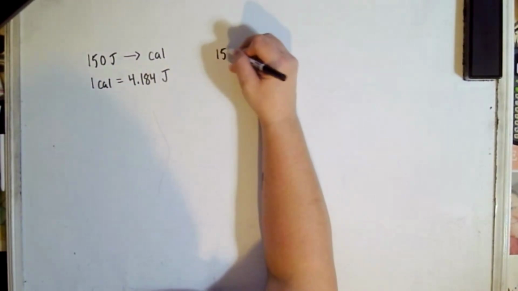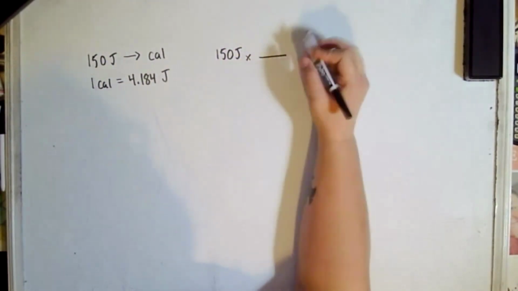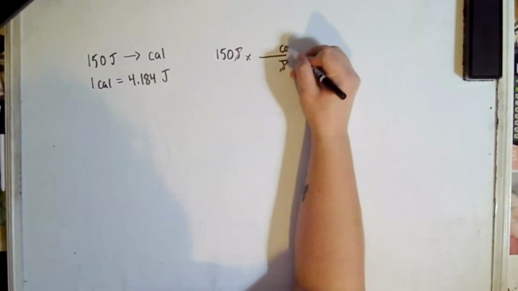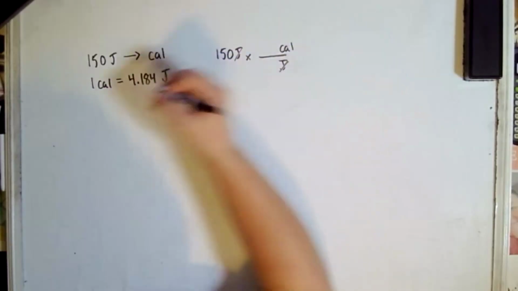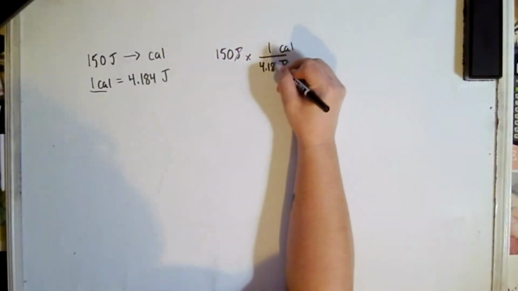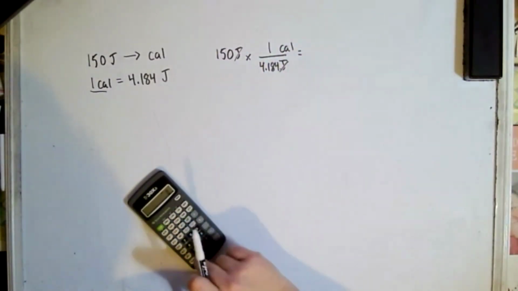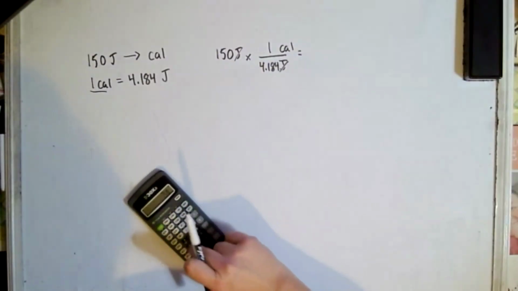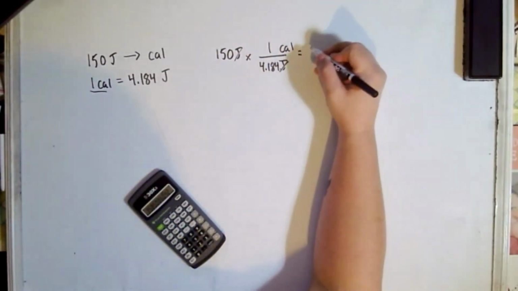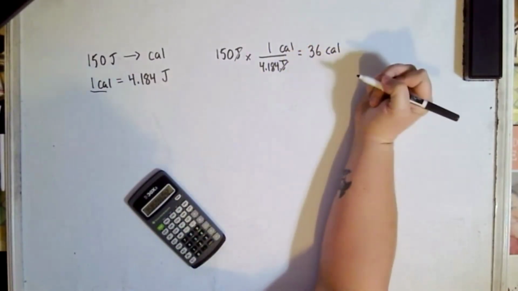So if we have 150 joules, when we set up our conversion factor, we want joules on the bottom so that these units can cancel out, and calorie goes on top. We put 1 calorie on top and 4.184 joules on the bottom, and we get 35.85, which will round to 2 significant figures. So that'll be 36 calories.